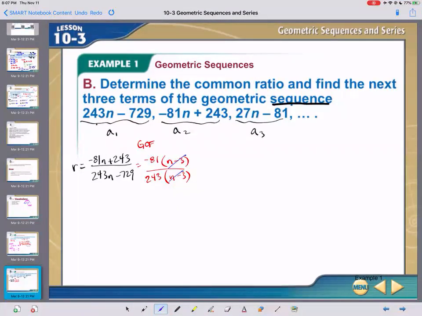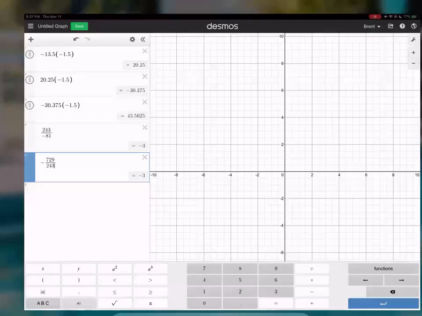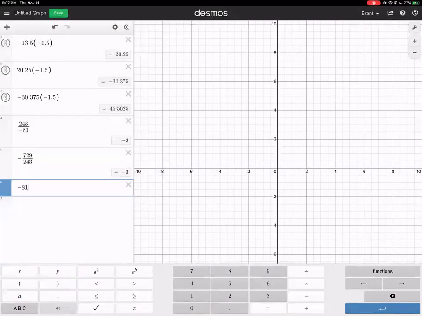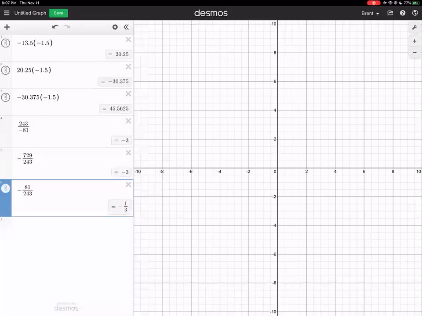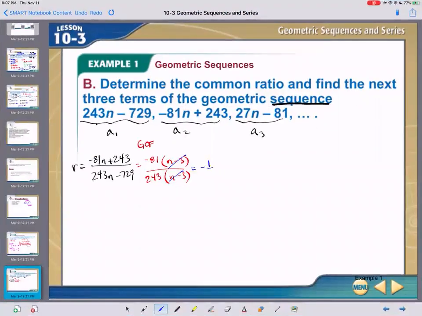And we're allowed to cancel those because they're factors. And so that means however negative 81 over 243 reduces is my common ratio. So one more time, negative 81 divided by 243. And I'm going to change this to a fraction by pressing the blue button. It's negative 1/3. Now I could change this to a decimal, but I'd prefer to leave it this way.